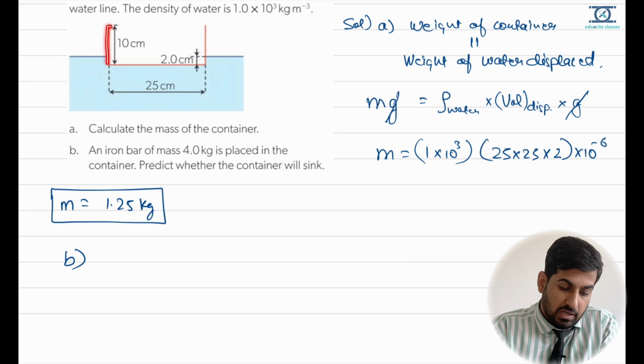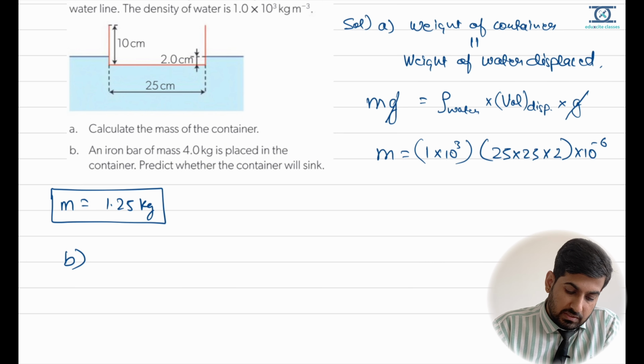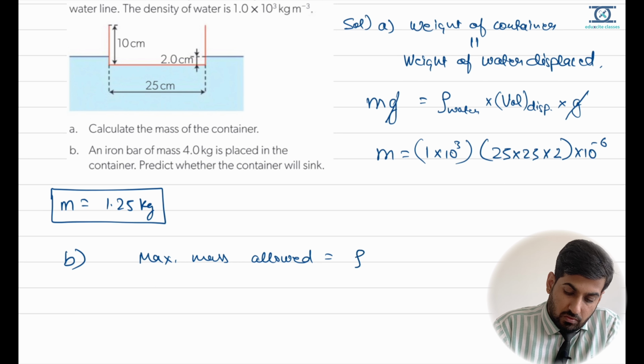If the whole height is submerged, then the maximum mass allowed is equal to rho of water times the complete volume of the container, which is equal to the volume displaced.